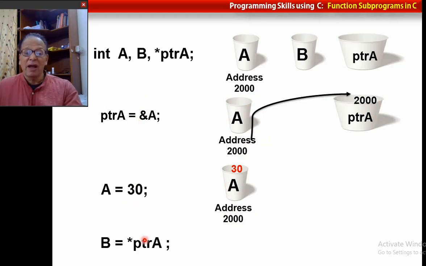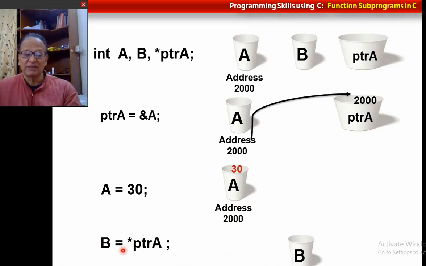Now I want to find out, I know ptra contains 2000. I want to find out the value at 2000. What is the value at 2000? It is 30, and that will be put in b.